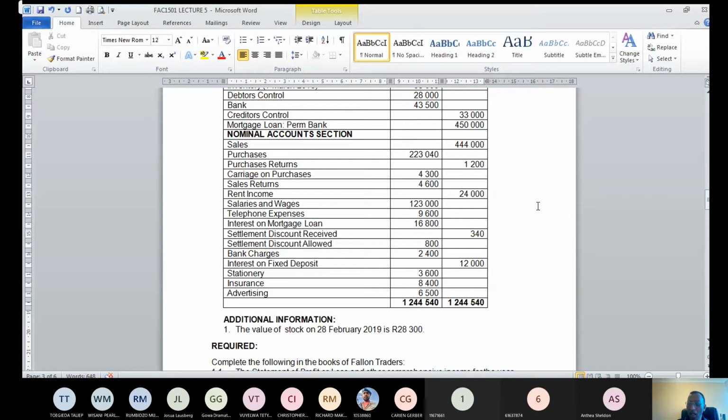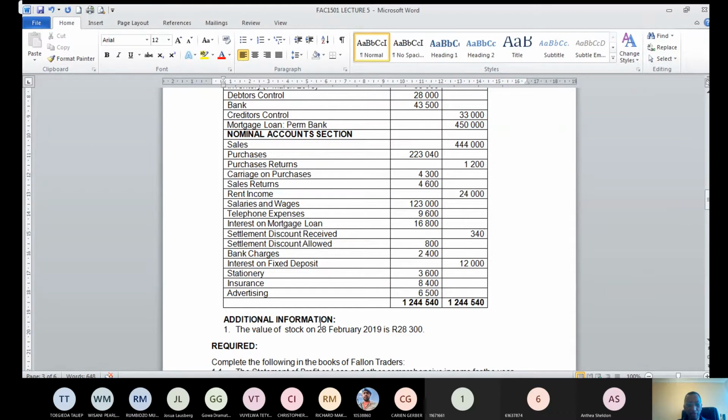Right. I want you now to take the information and complete for me the statement of profit and loss and other comprehensive income up until the calculation of the gross profit.